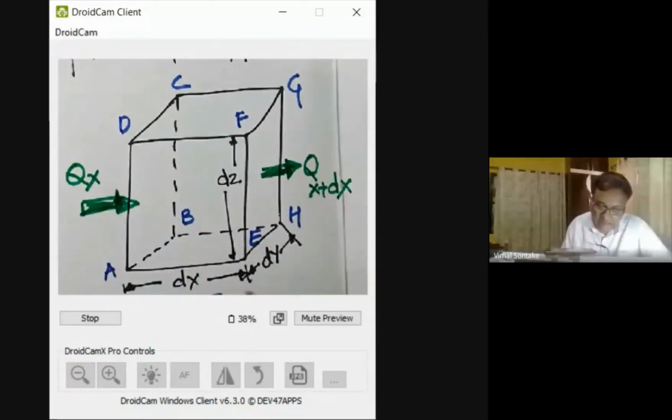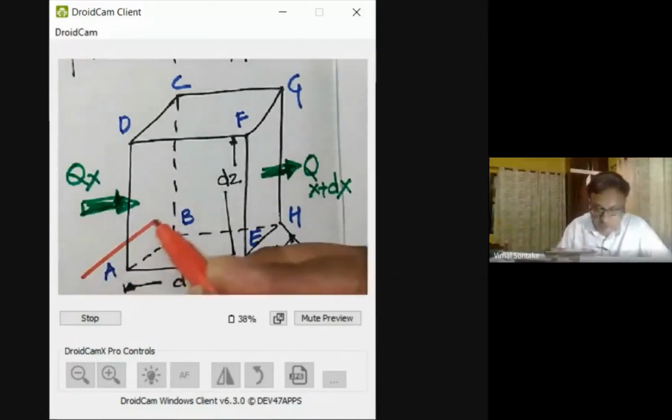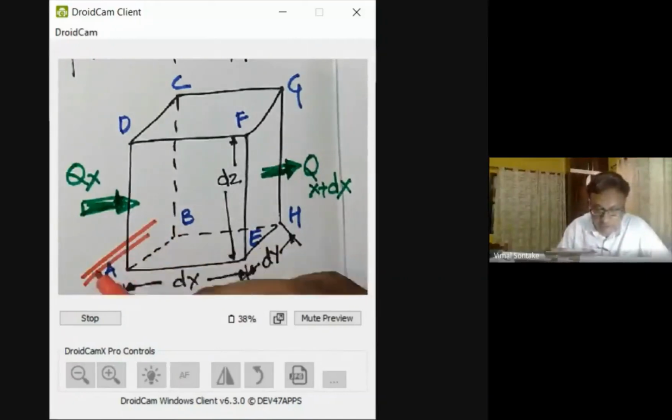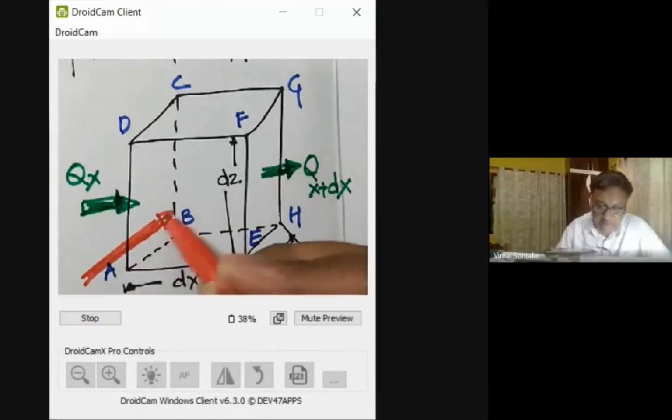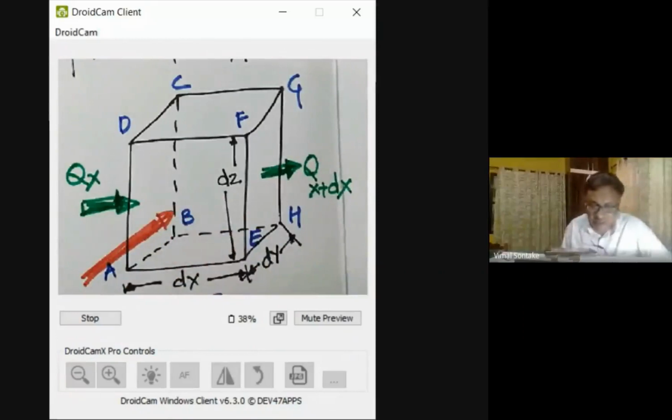Similarly, let heat transfer or the quantity of heat flowing into this element at a distance of y and perpendicular to the face ADFE is Qy.